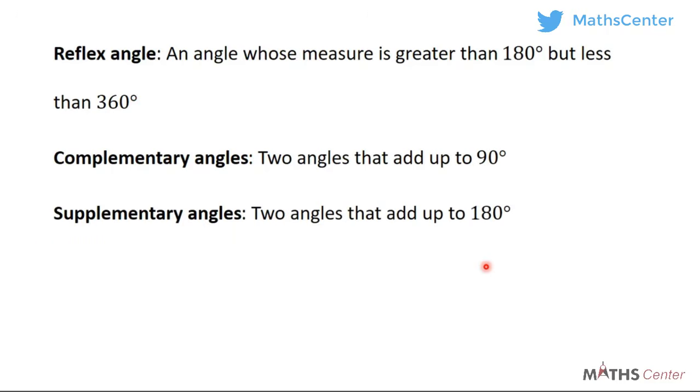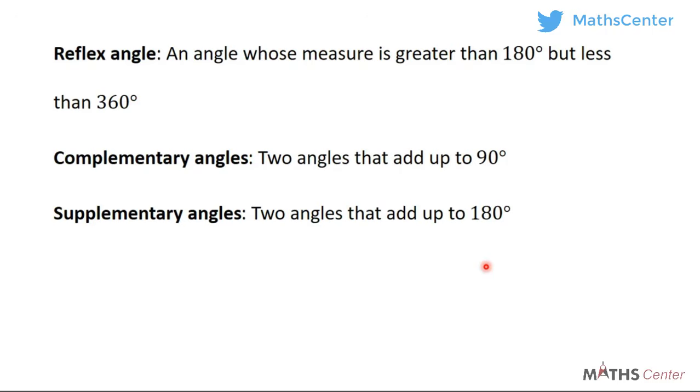Then we have supplementary angles, two angles that add up to 180 degrees. So if you have any two angles, you add them up and you get 180 degrees, we say that they are supplementary angles. For example, if you add 60 degrees to 120 degrees, you get 180 degrees. So we say that 60 degrees and 120 degrees are supplementary angles.